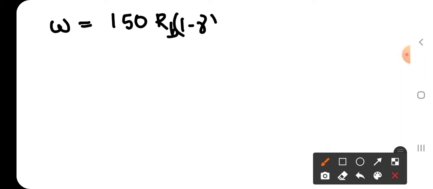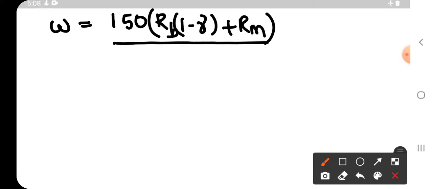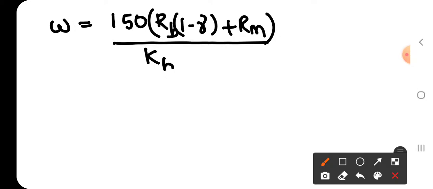That is, omega is equal to Ia R equivalent, in the sense 150 into RB 1 minus gamma plus Rm, the equivalent resistance, divided by Kb into If. Now we substitute this.